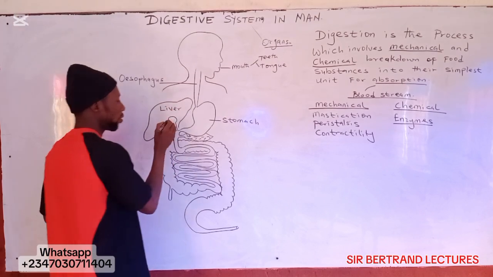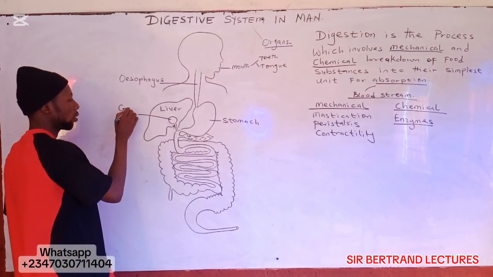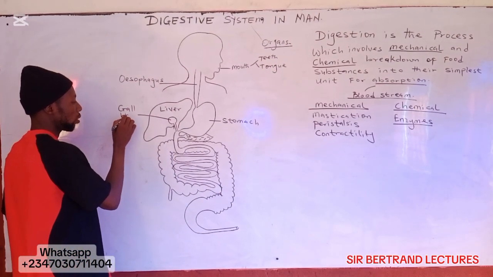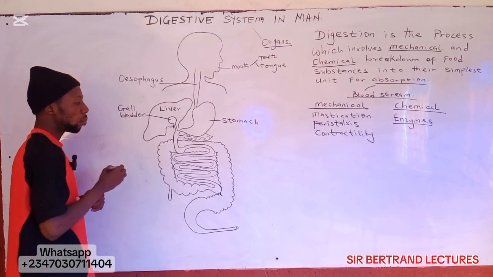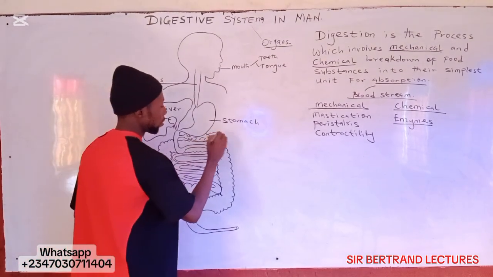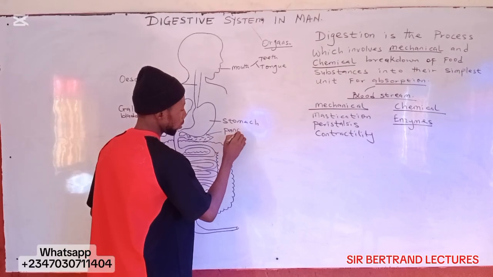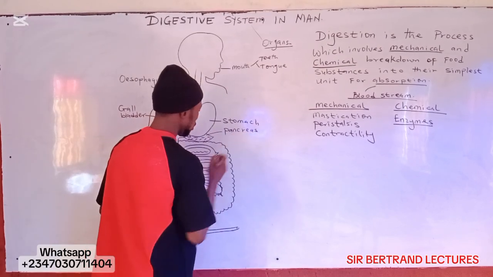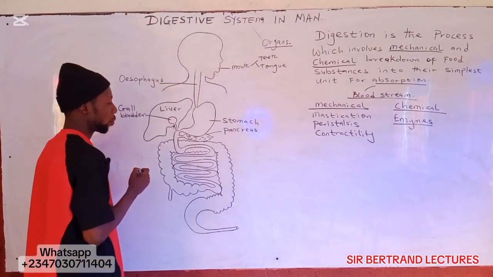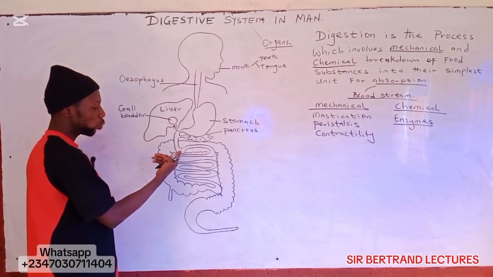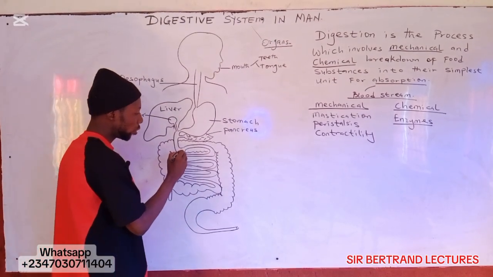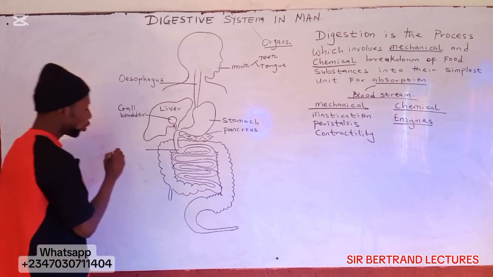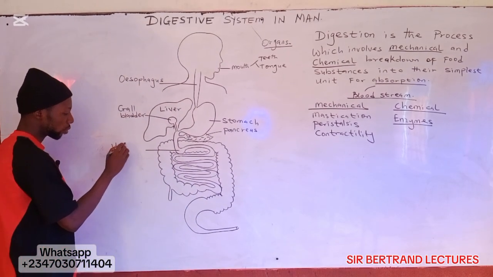the liver, the gallbladder, the pancreas. This here is the duodenum, and the duodenum is U-shaped.